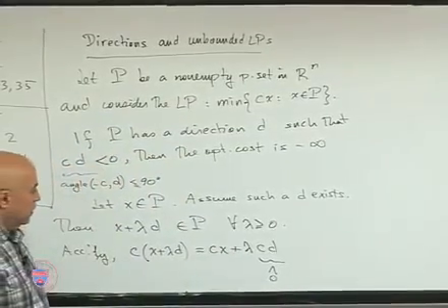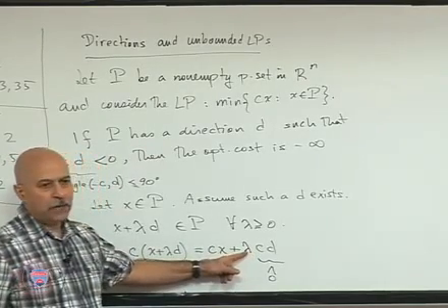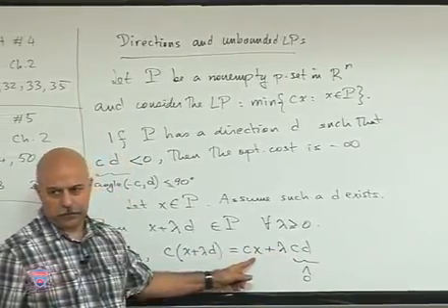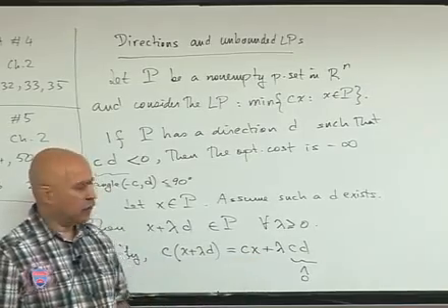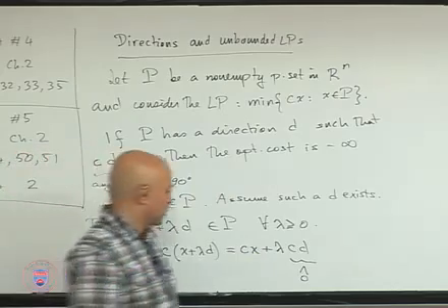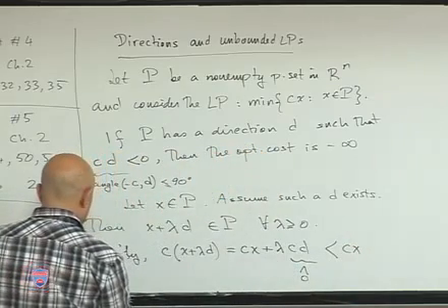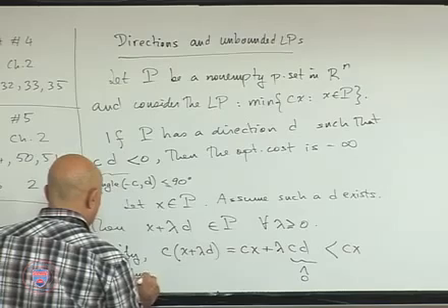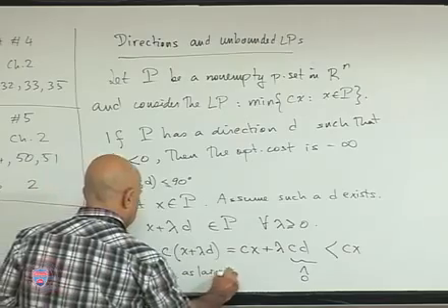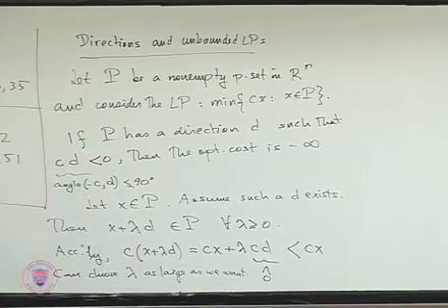Which means, if you take your lambda to be a positive number, you're adding a negative number to the old objective value at the point x. So you get smaller. And of course, you can make your lambda as large as you wish and get smaller and smaller. So we can choose lambda as large as we want, and the conclusion follows.